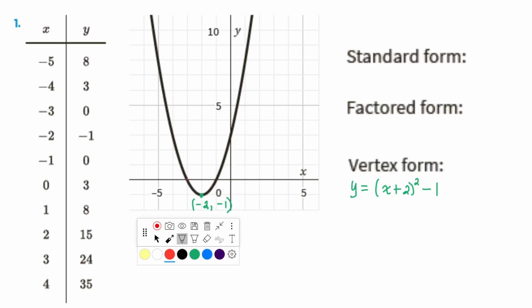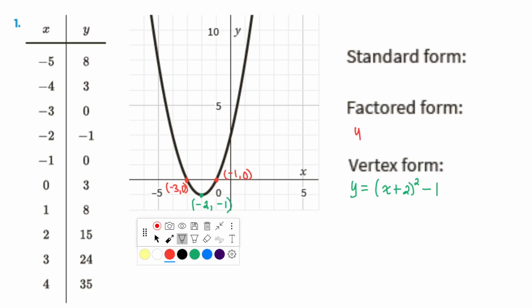For factored form, when I identify my x-intercepts, I see that I have one at -3, 0, and I have one at -1, 0.